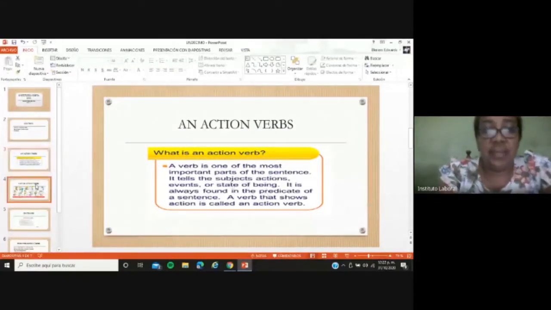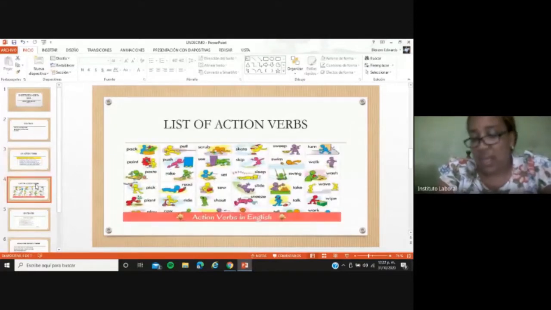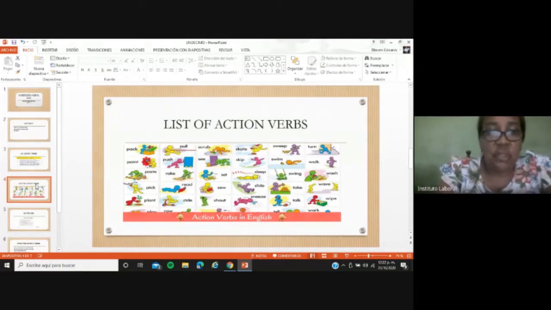Here we have a list of action verbs. We have pack, pull, scrub, skate, sweep, turn, paint, push, see, skip, swim, walk, pass, rake, set, sleep, swing, wash, pick, read, saw, slide, take, wave, plant, ride, shoot, sneeze, talk, and wipe.